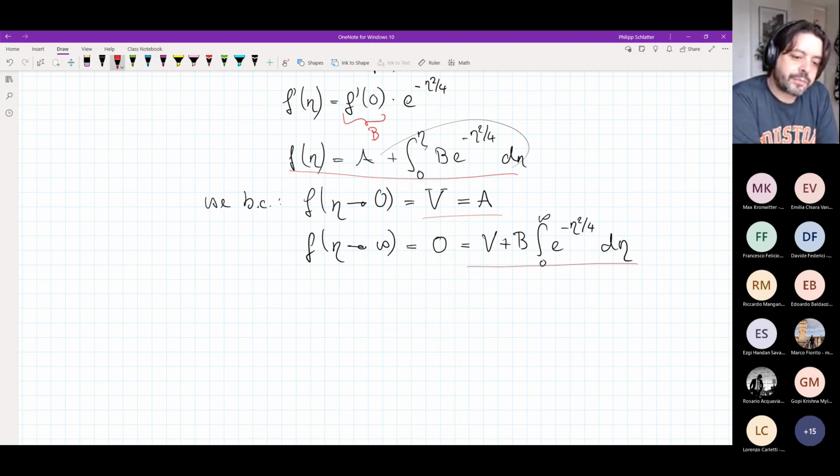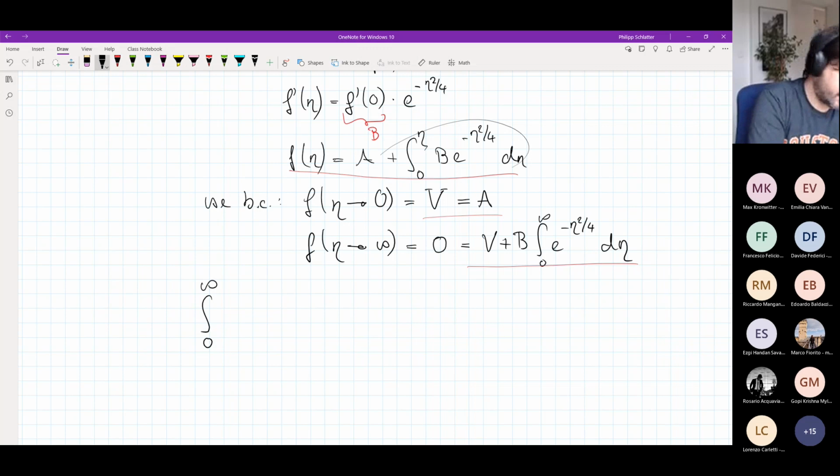There is actually just one more step that we can do, which is not necessarily needed, but it gives us a nicer solution. There is a nice mathematical formula, namely the integral from 0 to infinity of e to the minus a x squared dx.